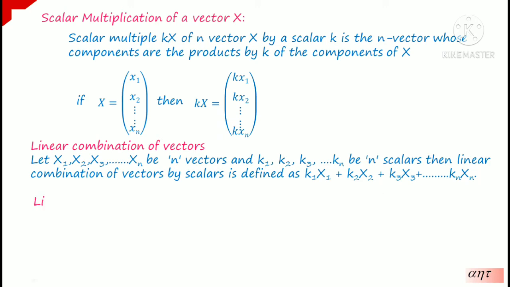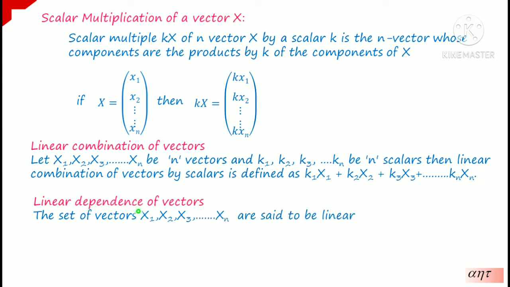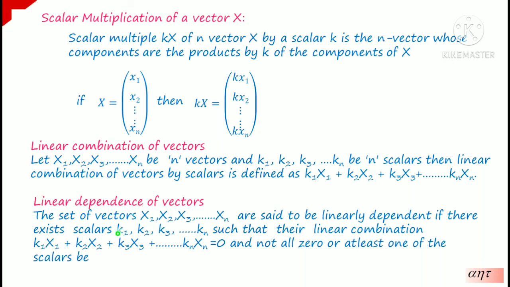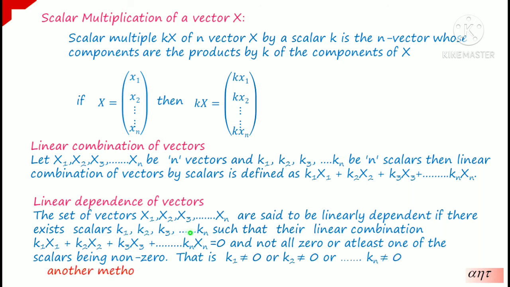Now we will see another definition, linear dependence of vectors. A set of vectors x1, x2, etc. xn is said to be linearly dependent if there exist scalars k1, k2, etc. kn corresponding to x1, x2, etc. xn such that their linear combination k1 x1 plus k2 x2 plus k3 x3 plus etc. plus kn xn is equal to 0.